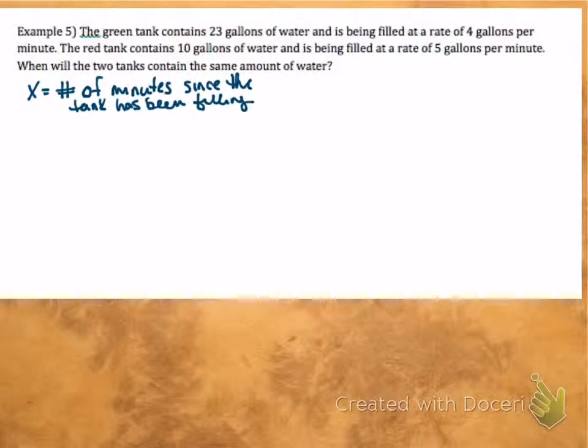All right, and then the idea in the story is that we want the green tank to equal the red tank in that time. So we reread through and establish the equation.